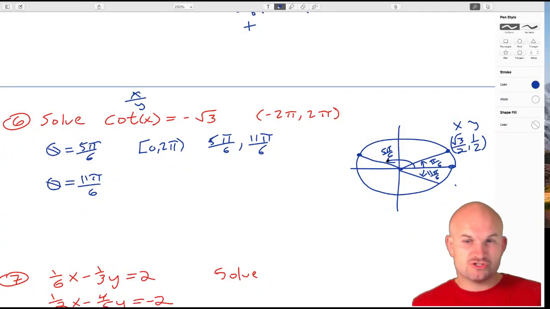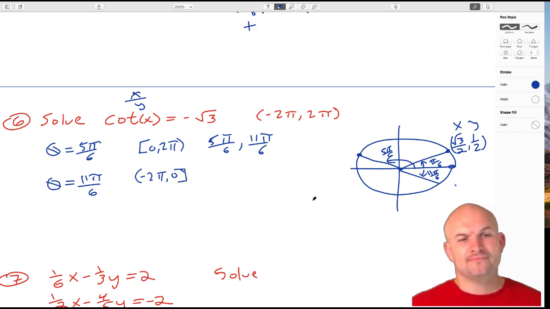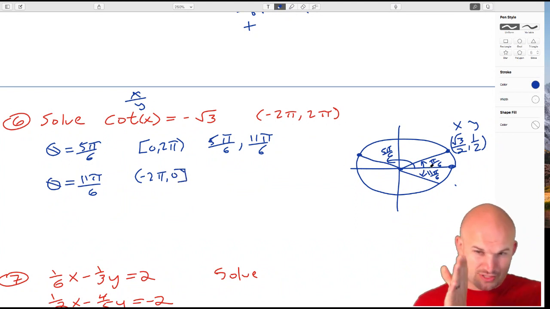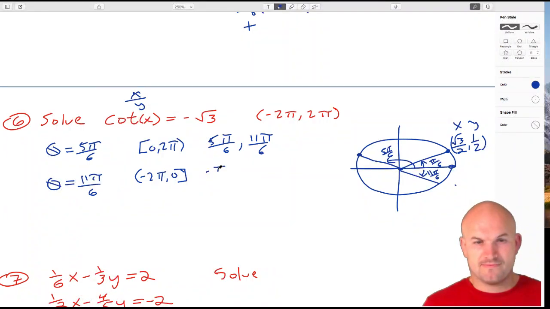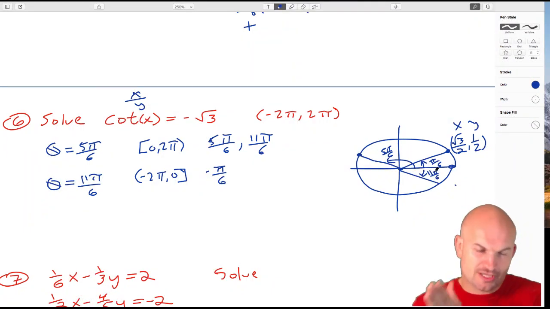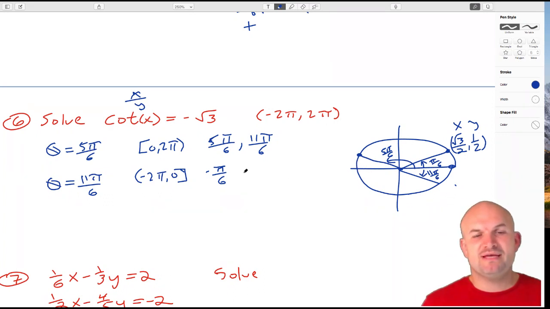Now, what if I were to subtract pi instead of adding pi? Well, that would take me from negative 2 pi to 0. So here's 0, so I could go down to negative pi over 6. And then I could go all the way around, which would be negative pi, and then go one more over, which would be negative 7 pi over 6.